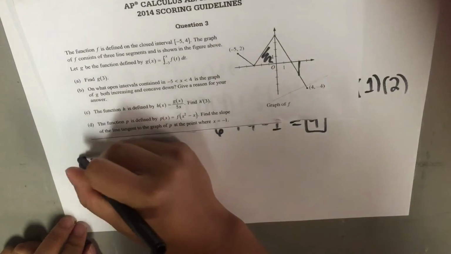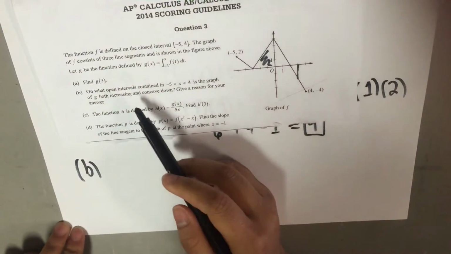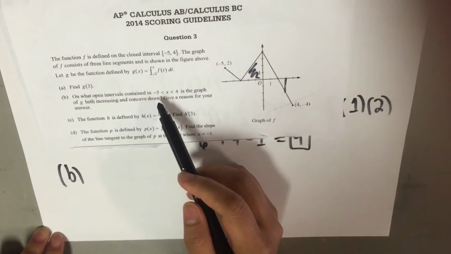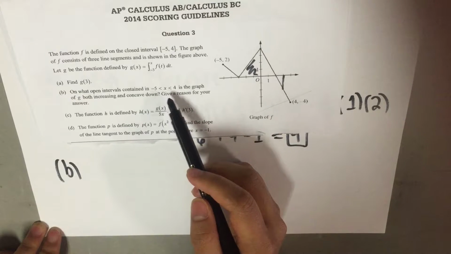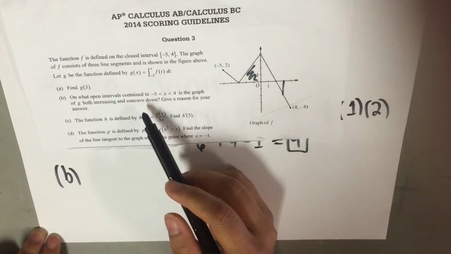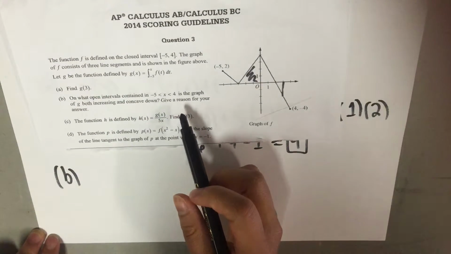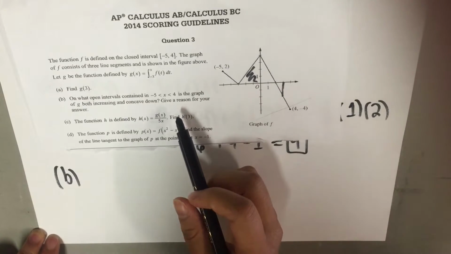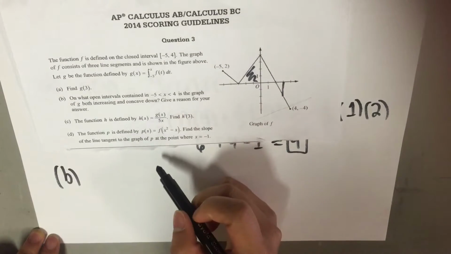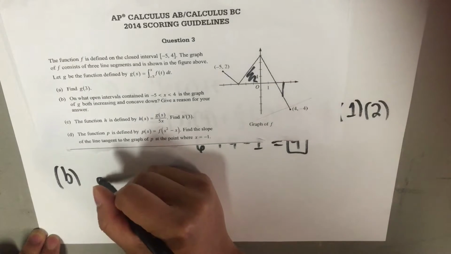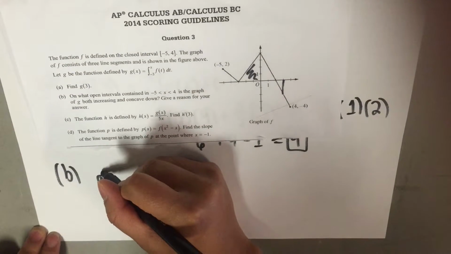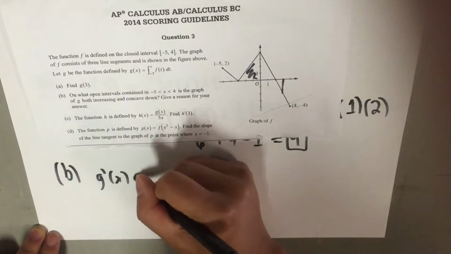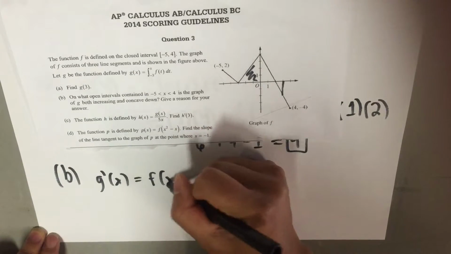For letter B, the question is, on what open intervals contained in -5 < x < 4 is the graph of g both increasing and concave down? Give a reason for your answer. So we know that the derivative of g of x equals f of x.